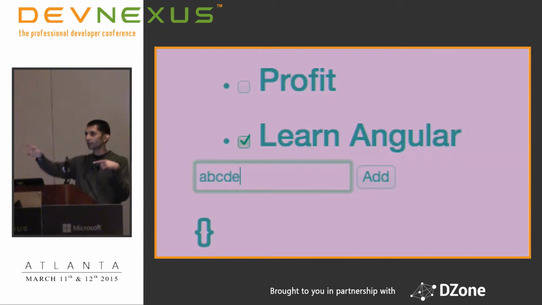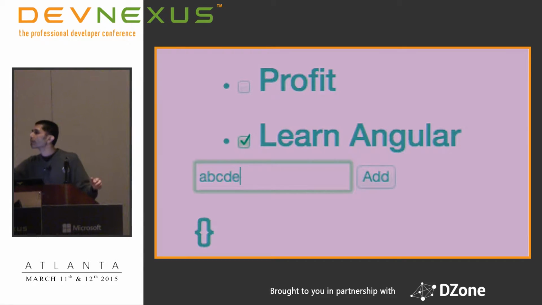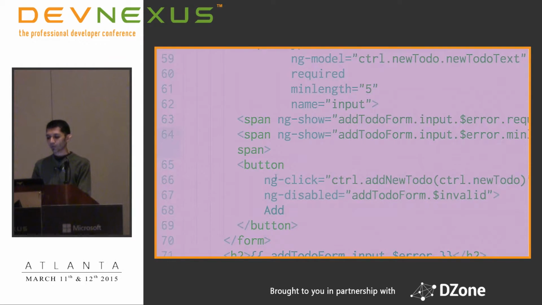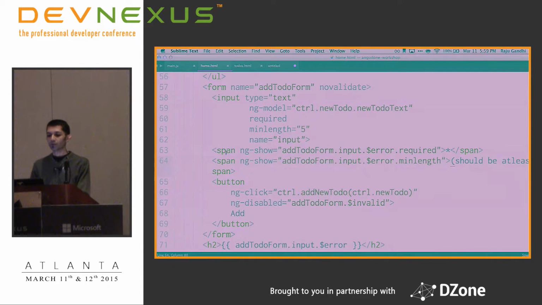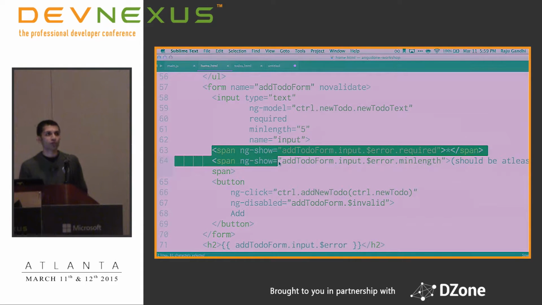I'll show you one thing right after I answer your question. I just want to ask, I assume that you can do the same thing with CSS classes? Yes, absolutely. Yep. In fact, this became such a prolific problem in the Angular community with people doing this monkey business of NGShow. They introduced a new module in 1.3 called NGMessages.